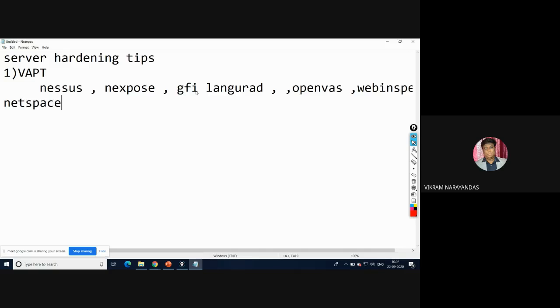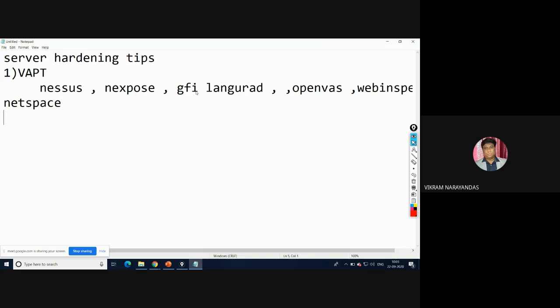With this type of vulnerability scanner, we need to check what kind of vulnerabilities are there in your server, and you can patch them. With automatic scanners, you can do it.